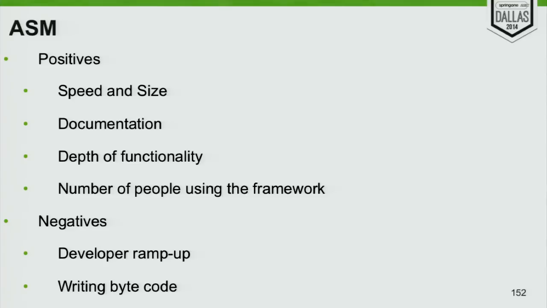You have all the opcodes at your fingertips, so you can do a lot with it. And I would call ASM the industry standard. There's a lot of people using it out there, and so if you run into trouble, you can typically get help. The negatives are really the fact that you're writing bytecode, and so you do have to understand what's going on under the hood. And as a result, there tends to be a high developer ramp-up time.